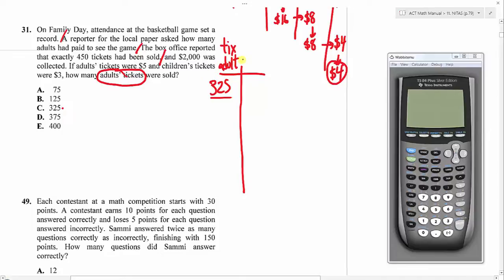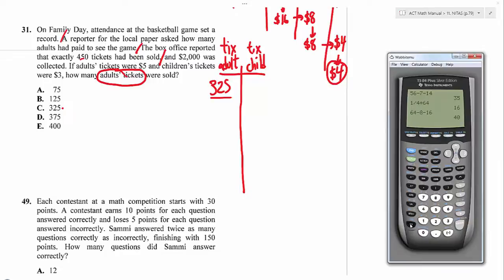So we now know if 325 adult tickets were sold and there were 450 total tickets, then the children's tickets just has to be 450 minus 325. 450 minus 325.